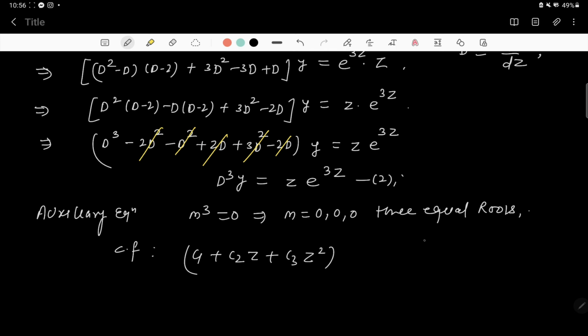Remember that suppose you have two repeated real roots, m1 is equal to 2 and m2 is equal to 2. So how do you write? You write c1 plus c2 x, exponential 2 of x.